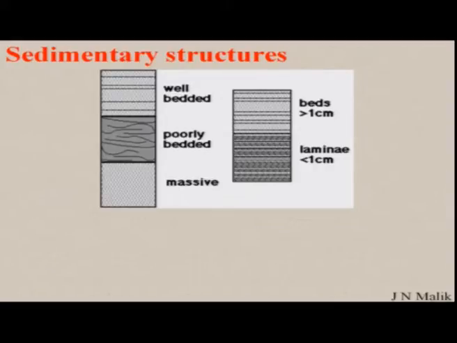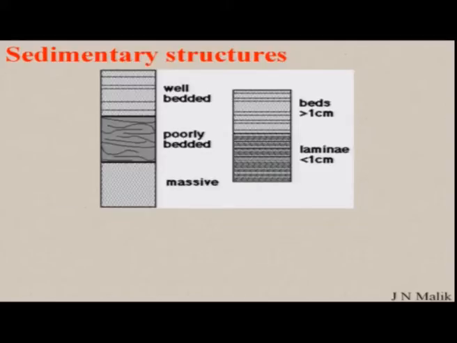We have looked at the composition, then we talked about the grain size and the shape. Now we will talk about the sedimentary structures mainly. Looking at the sedimentary structures, one can also talk about the depositional environment and the energy conditions.